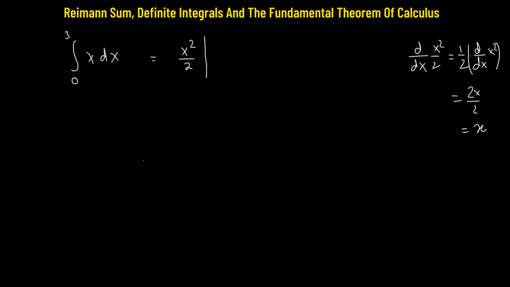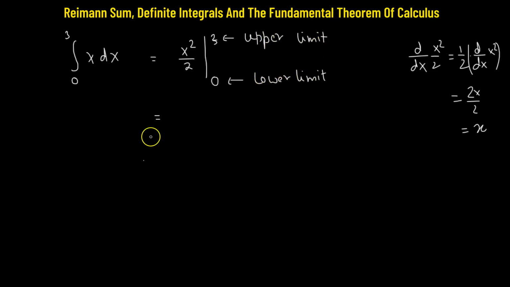Now once we have this, we can use the fundamental theorem of calculus to obtain the value of this particular integral. For the function x squared over 2, all we have to do is calculate its value at the end points. This is referred to as the upper limit, and this is going to be our lower limit.